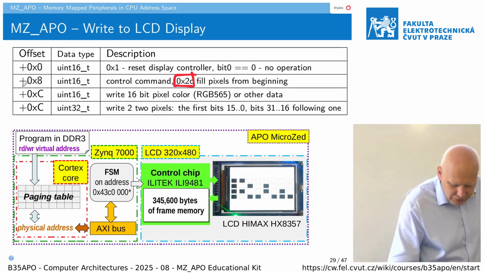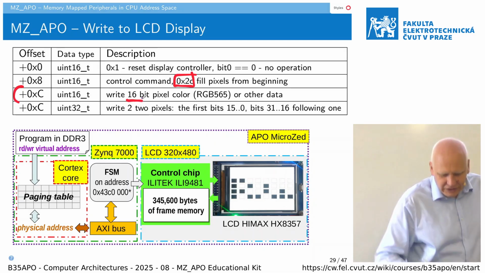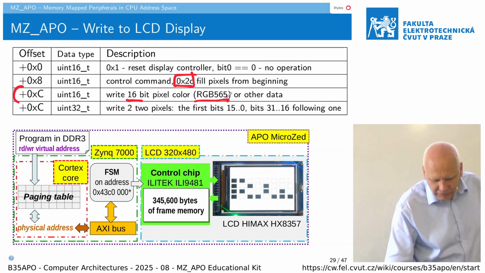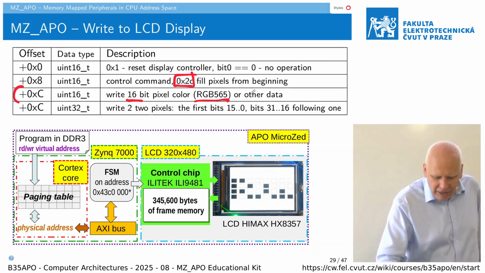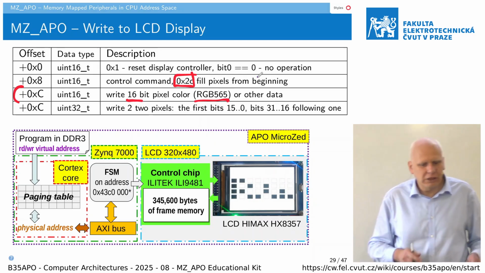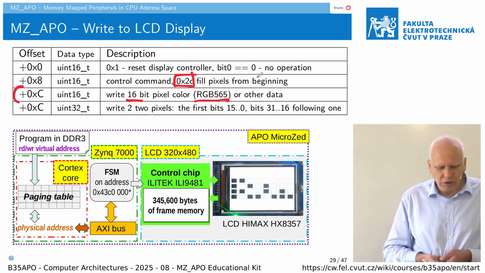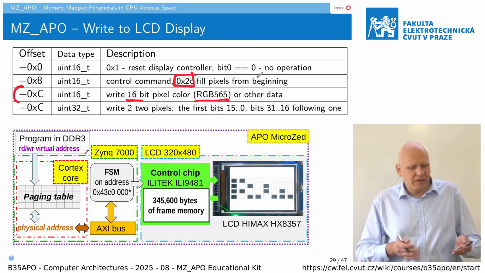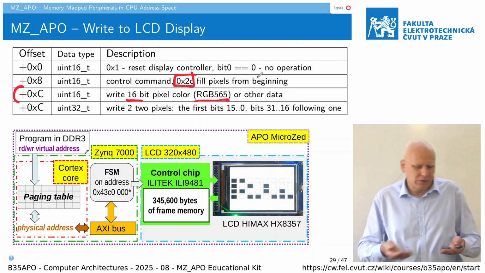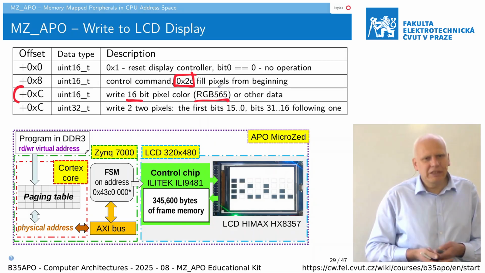And if you write to the offset C, so 12 in decimal, then each write of a 16-bit value results in writing of 1 RGB pixel with 565 encoding, so 5 bits for R, 6 bits for green, and 5 bits for blue. Do you have some idea why we have this asymmetric assignment, because 16 cannot be divided by 3, why we use 6 bits for green?